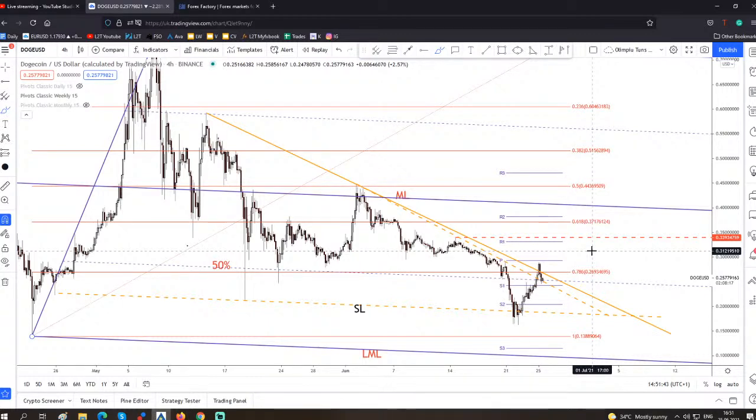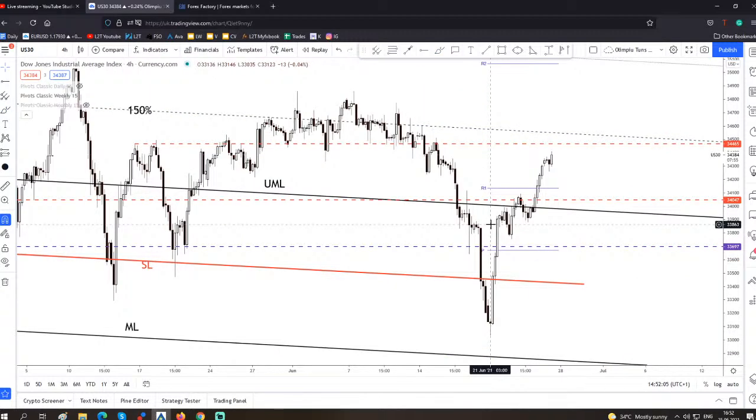US 30 again. So US 30 again is trading in the green. We have a strong bullish candle right now here on the 4 hour, and yeah, it looks very, very good in the short term.